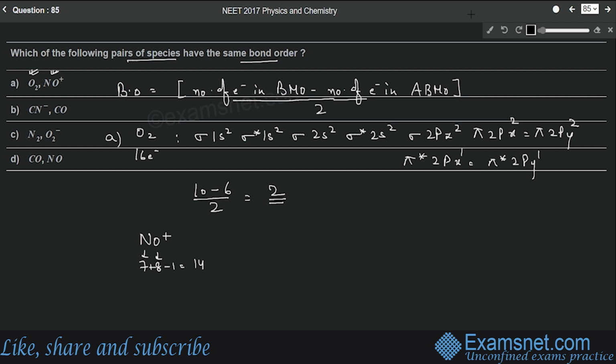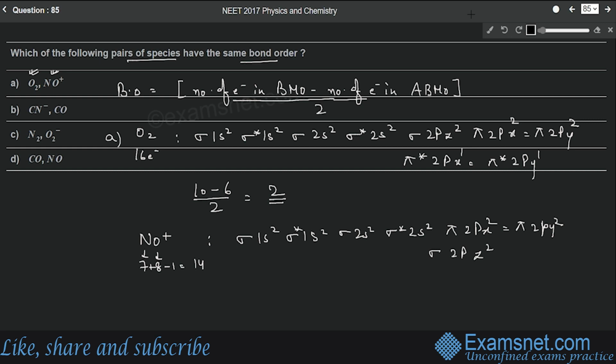Now let's see what will be the bond order. Sigma 1s is 2, then sigma star 1s is 2, then sigma 2s is 2, then sigma star 2s is 2, then pi 2px2 equals pi 2py2, then sigma 2pz2. 14 electrons done.